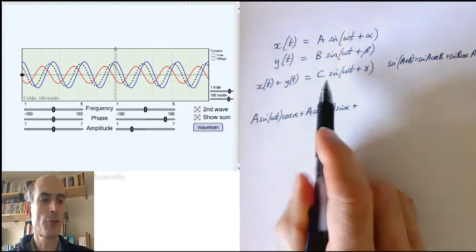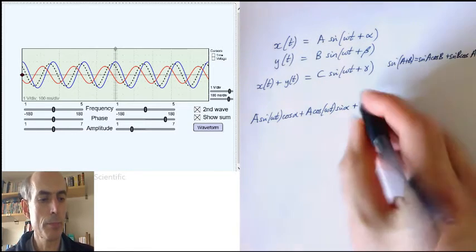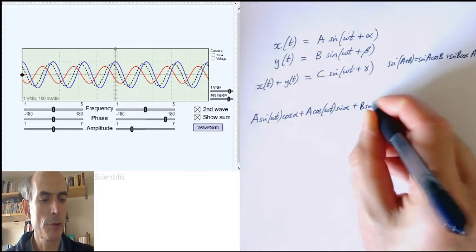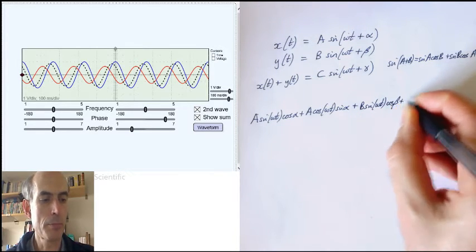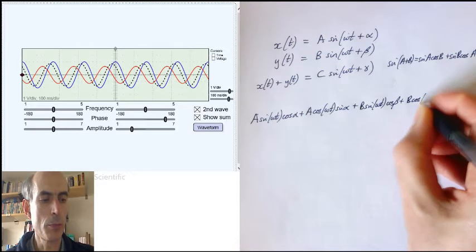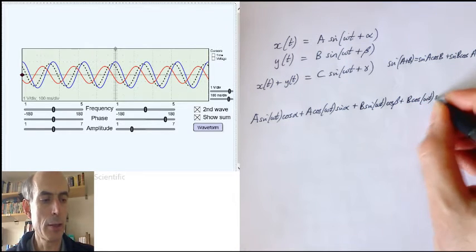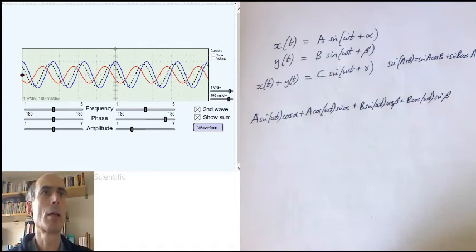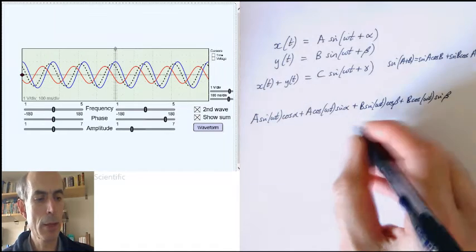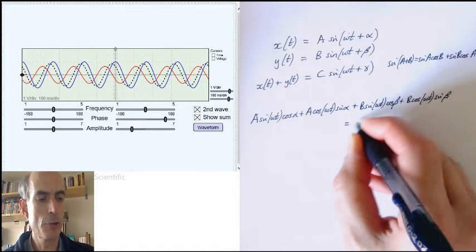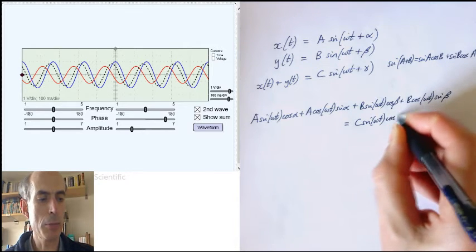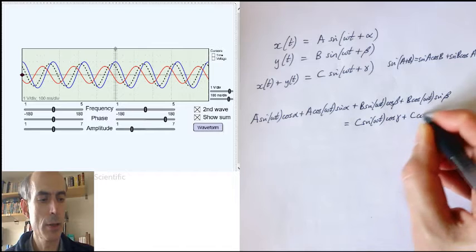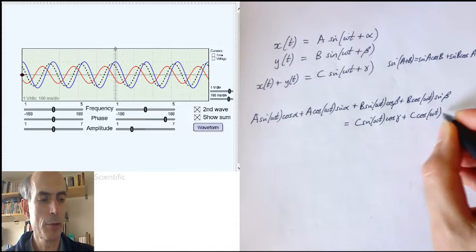And I can express this term y of t as B sine omega t cosine beta plus B cosine omega t sine beta. And those two added up have to be equal to C sine omega t cosine gamma plus C cosine omega t sine gamma.